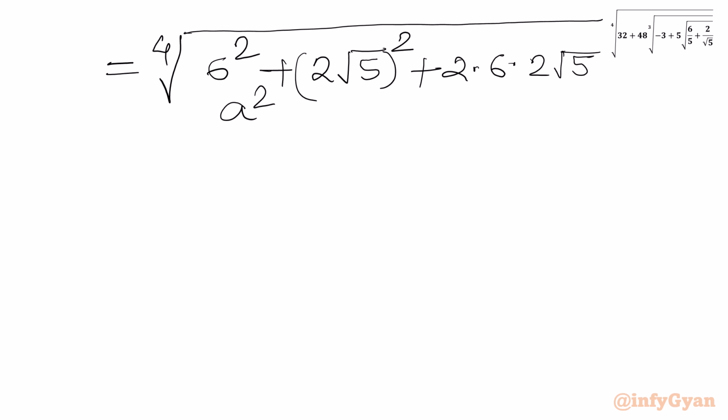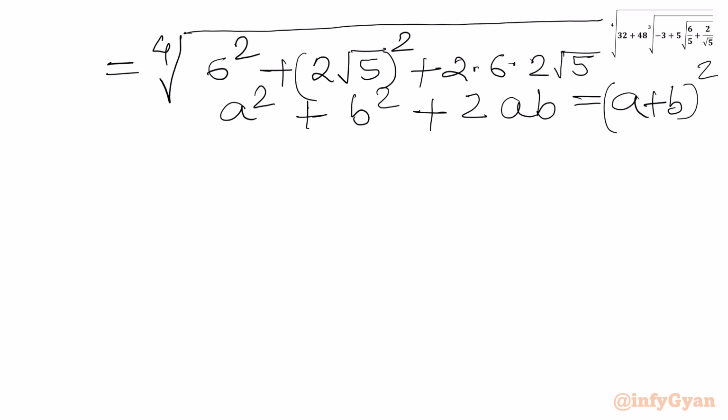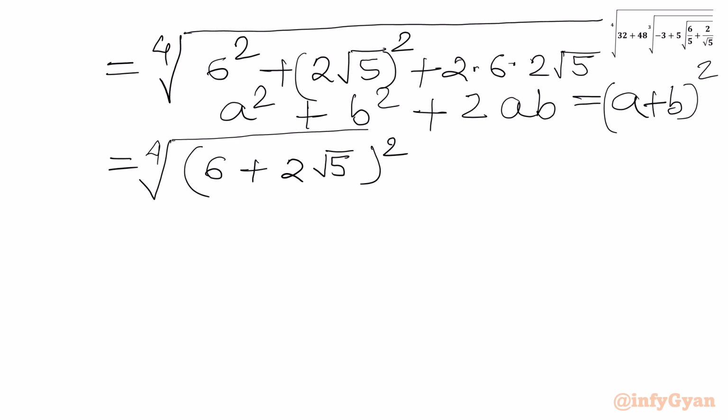So a square plus b square plus 2 times ab, we can write as a plus b whole square. So we will write the fourth root of 6 plus 2 square root 5 whole square. Now the whole square will get over with the fourth root. It will be the square root left. So we can write 6 plus 2 root 5 within the square root.